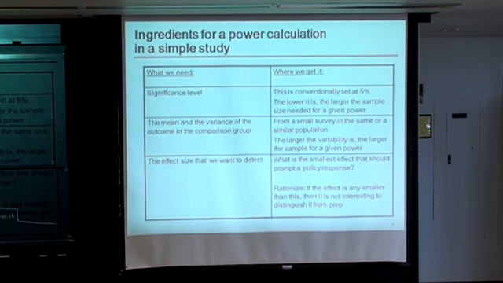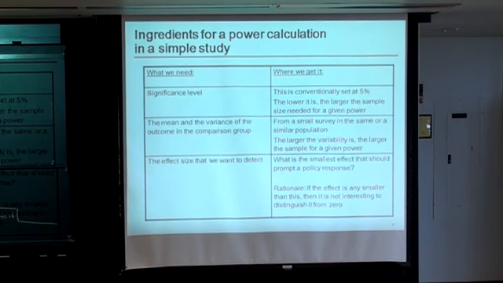Could you then also look at existing data in the literature for the mean and variance, or do you have to? You could, but this one is going to be more sensitive to your population, so it just has to be very well matched to be able to use it. If you don't have it, you could do a small survey to get a sense.